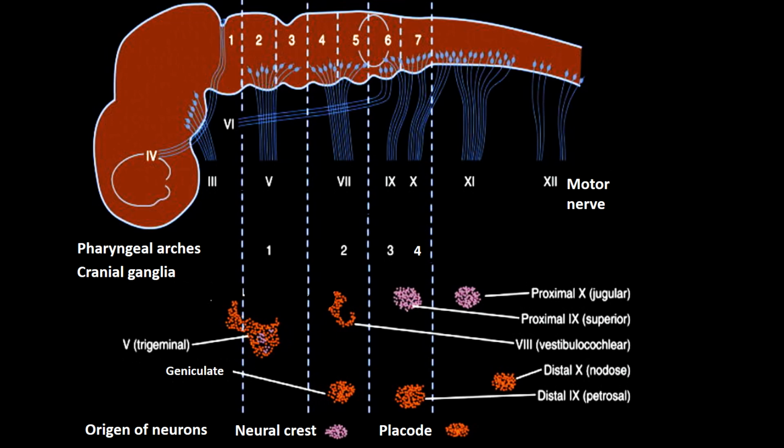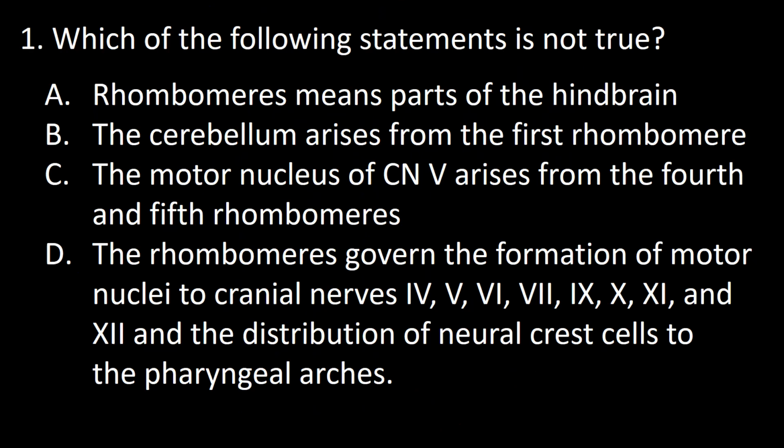I have never seen a question in an exam about the rhombomere origin of a specific ganglion. The only important thing to know is that some ganglia arise from placodes, some from neural crest, and some from both. So the answer to this question is C.